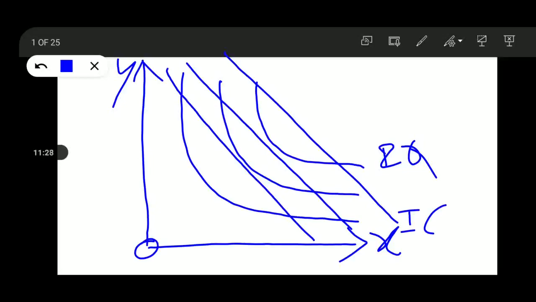So the slope depends upon the prices of factors of production.